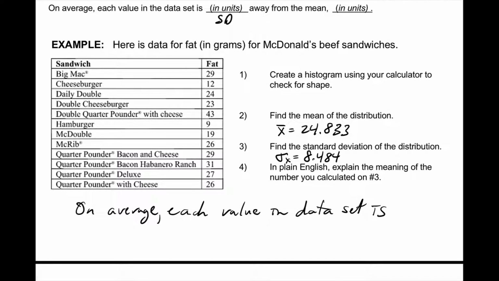8.484 units. Which unit goes with 8.484? Grams, yeah, because it says at the top, in grams. Grams away from the mean.